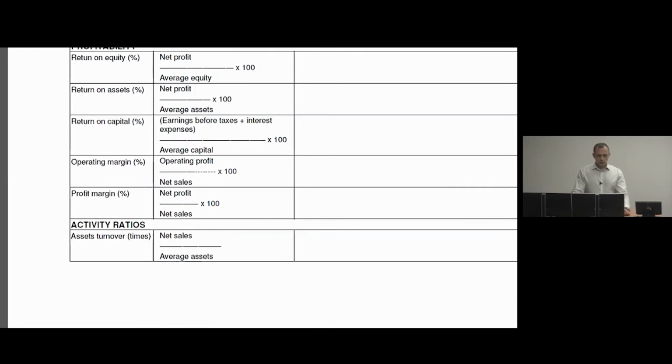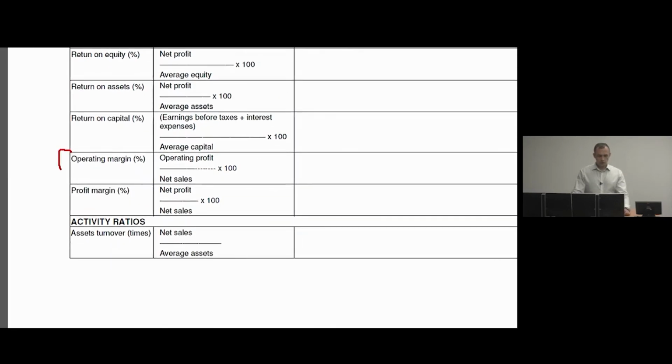Let's move to sales profitability. For sales profitability, you divide operating and net profit by net sales, and you will get operating margin and profit margin. And profit margin, in some sources you will find the alternative name net margin.